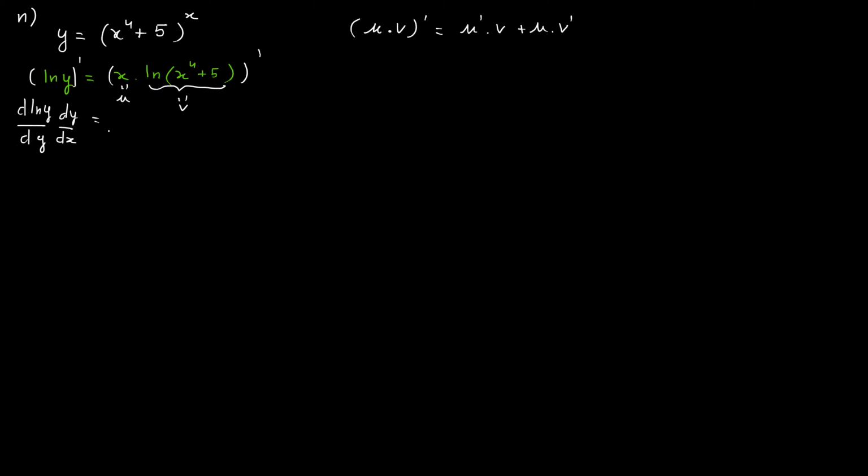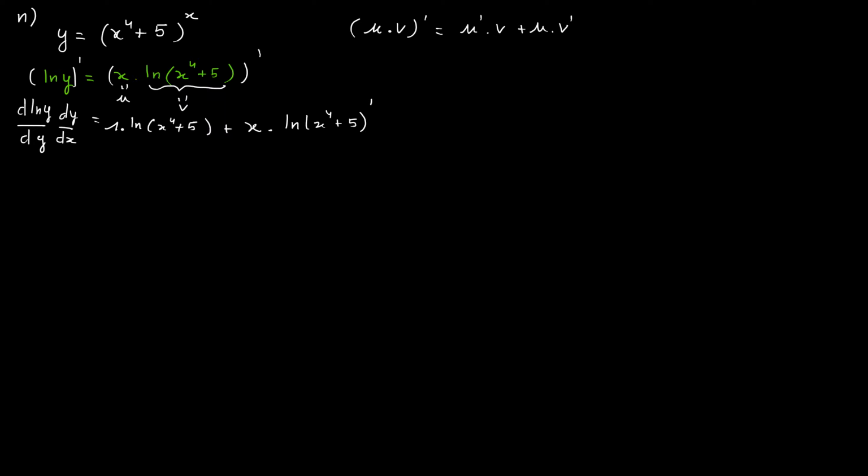So we get 1 times ln(x to the power of 4 plus 5), plus u, x, times the derivative of ln(x to the power of 4 plus 5). In the future I'm probably just going to do this in one go.